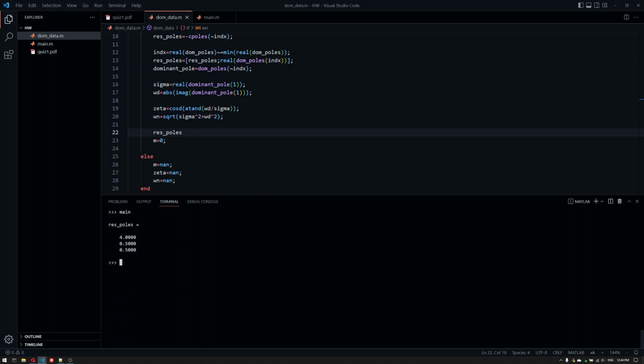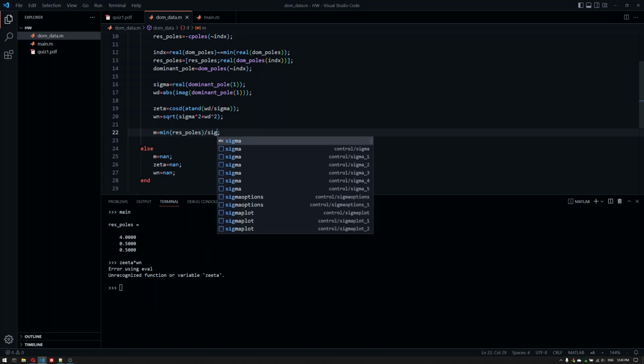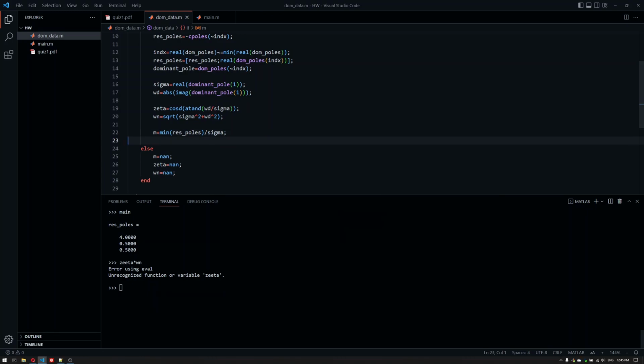As you can see, we know what zeta times omega n is, which is the real part, or sigma, basically. So what we can do is look for the minimum of the rest poles, which is going to be the closest to the origin, divided by sigma, and that should give us m.